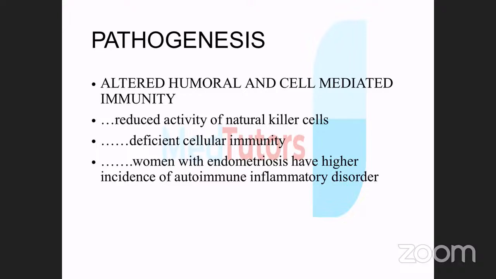They also have reduced or deficient cellular immunity, and women with endometriosis have been found to have a higher incidence of autoimmune inflammatory disorders. Most of these autoimmune disorders are due to abnormal immune function. This suggests that immunity is one of the risk factors for endometriosis. Next slide.